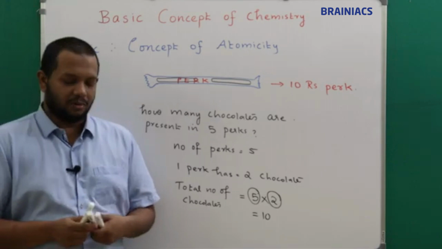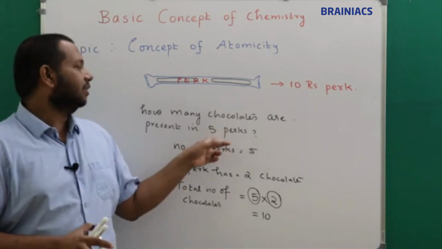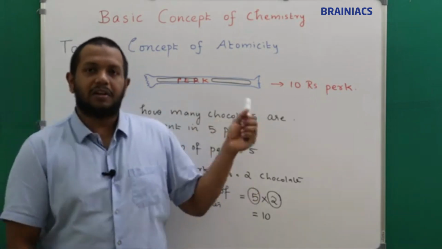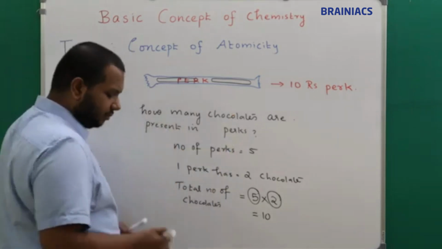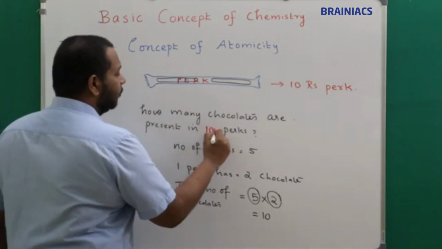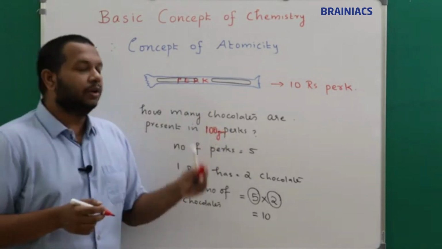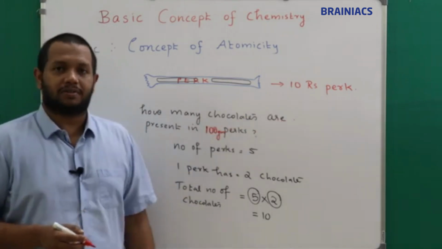So in atomicity, the molecule concept, here in the question they have directly given 5 packs. Suppose, as I told you, they will not directly give 5 packs. Instead they say 100 gram of pack mass is given. Then what do you need to do? You need to convert this mass to the corresponding number of packs.